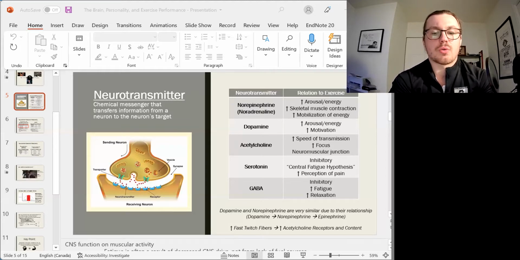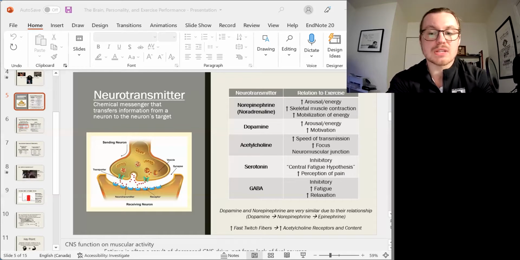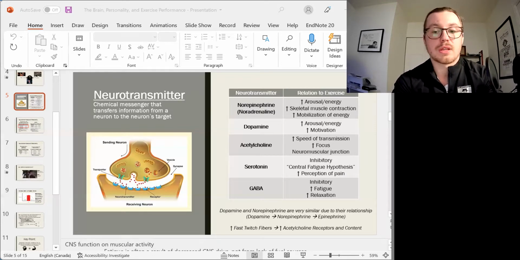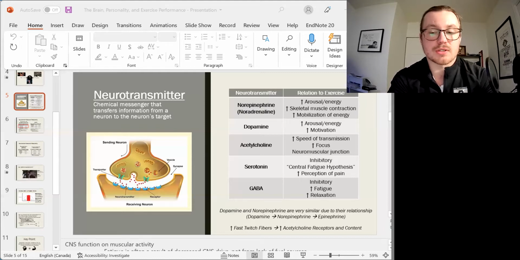Its levels are increased during times of increased norepinephrine and dopamine in order to quiet those systems down as a means to prevent hyperarousal or a state of anxiety. And this is seen during exercise and describes the central fatigue hypothesis.